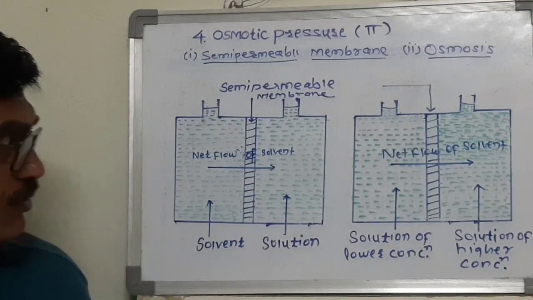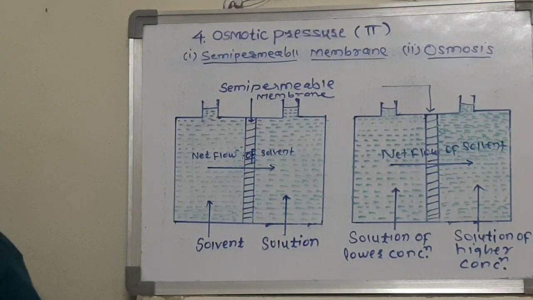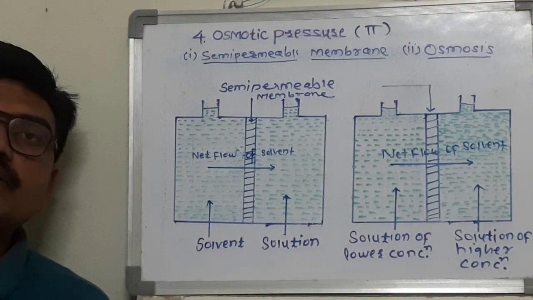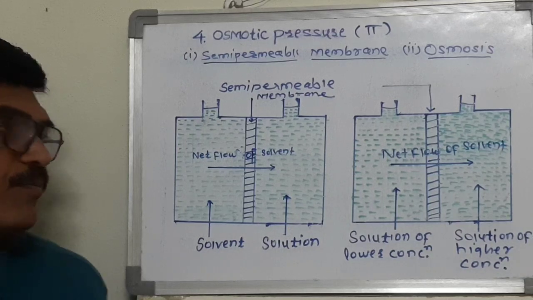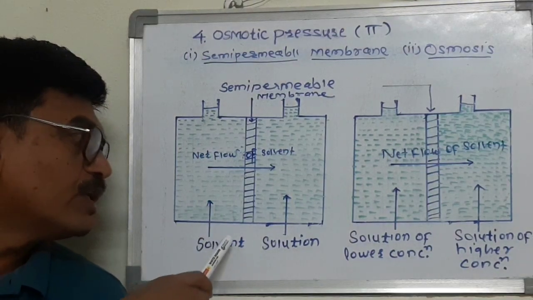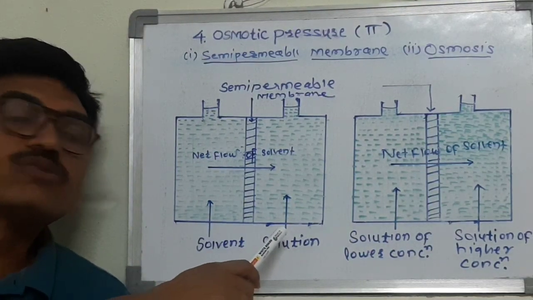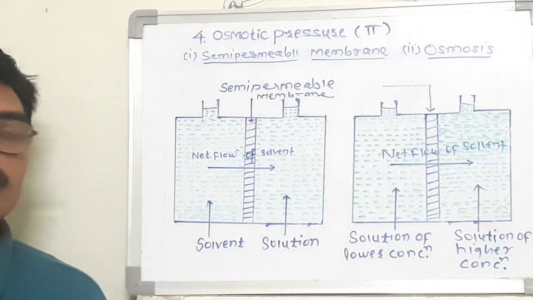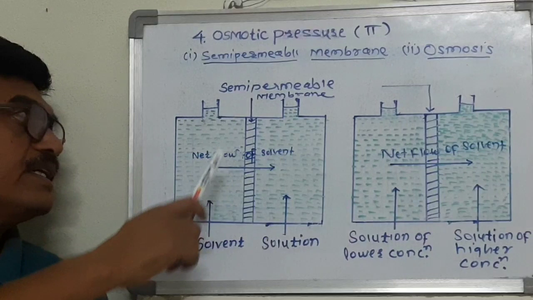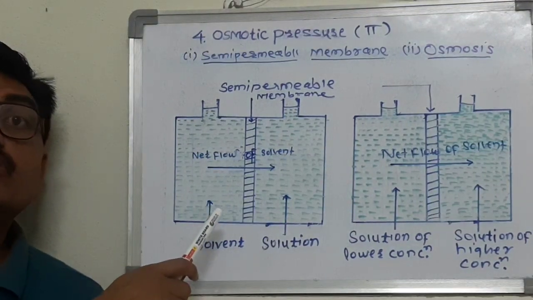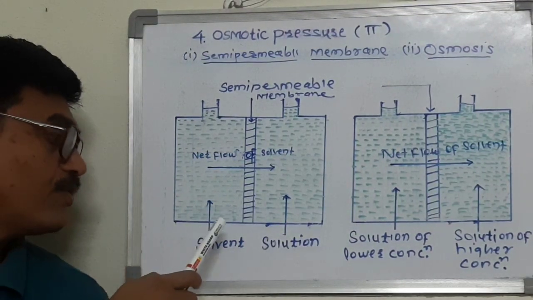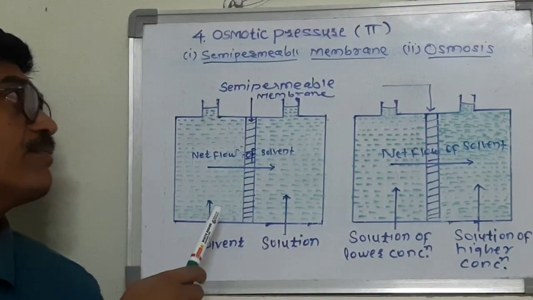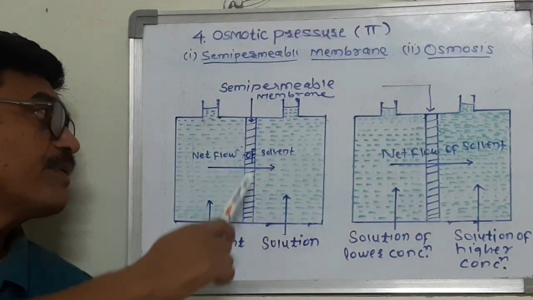So what is osmosis? Osmosis is the net spontaneous flow of solvent molecules into the solution through the semi-permeable membrane. I have shown in this diagram, this is a semi-permeable membrane.